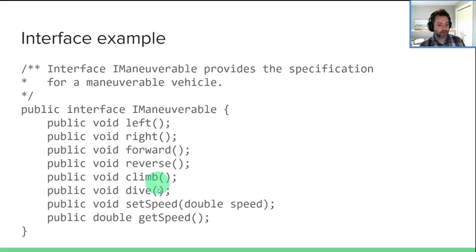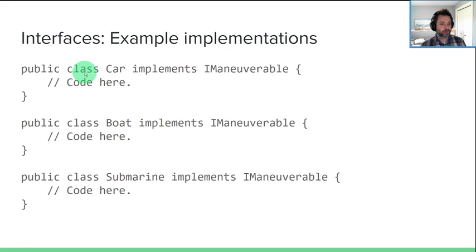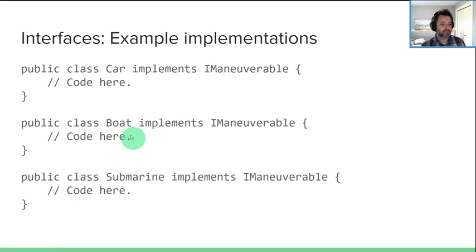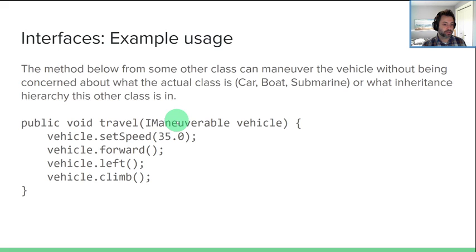And yes, we can add in other functions too that may not necessarily be used by each vehicle type, but they will be there, right? So if we have an interface here for I maneuverable, here's our generic function calls. Well, let's go ahead and just implement this I maneuverable interface, and then we can add our code to actually define those functions.